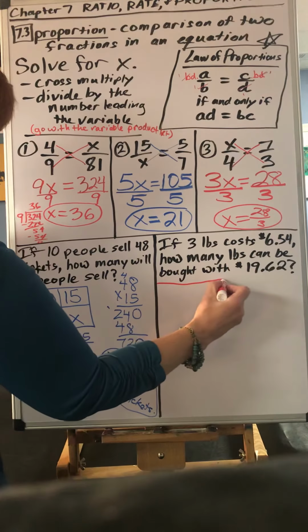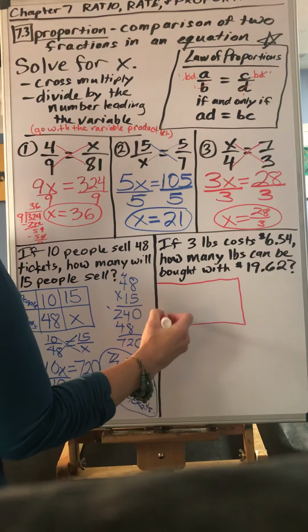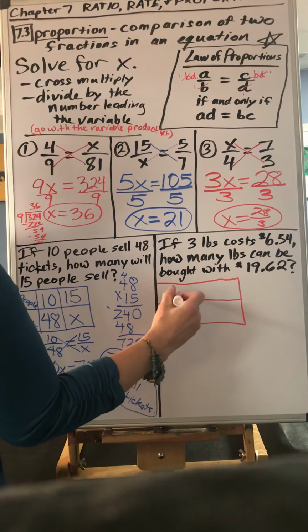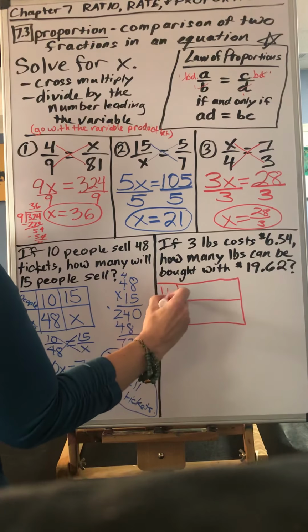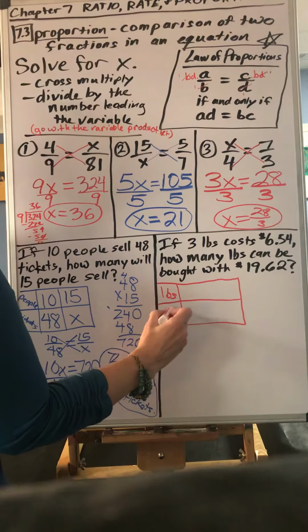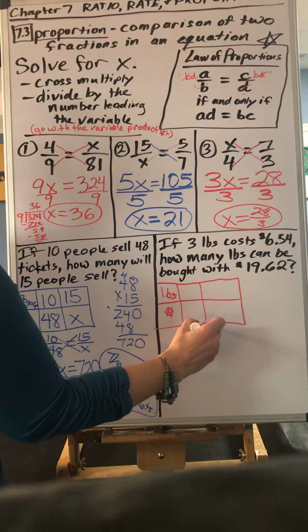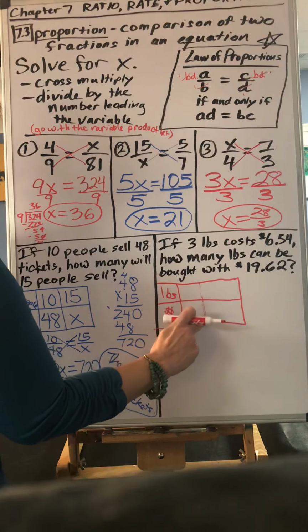3 pounds costs $6.54. How many pounds can be bought with $19.62? So it's pounds and it's the cost. I'm sorry, I did a bad job trying that.